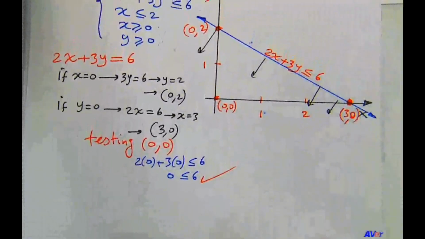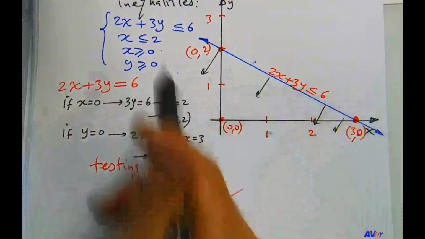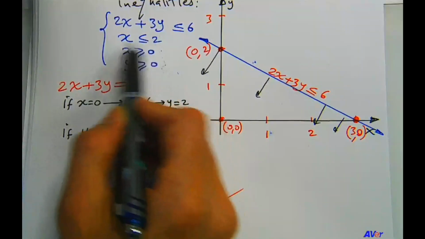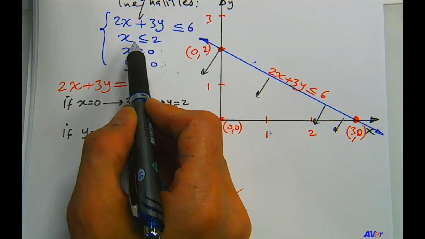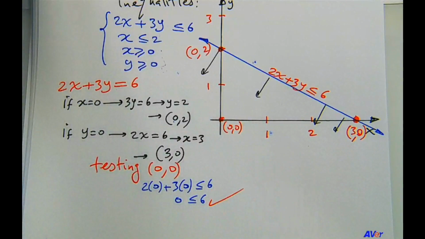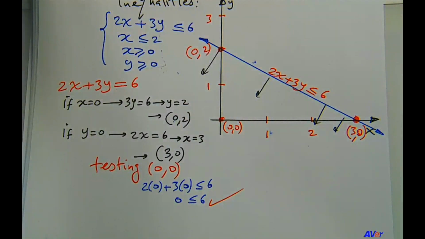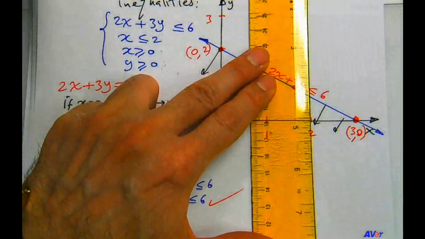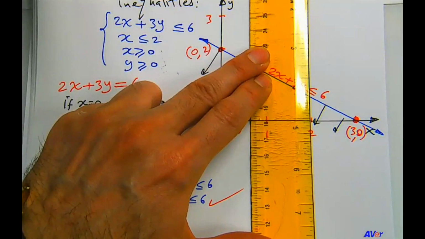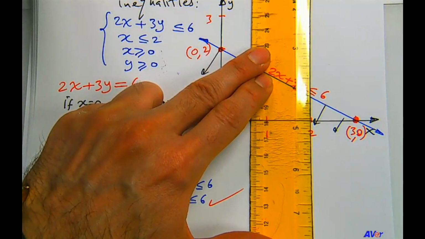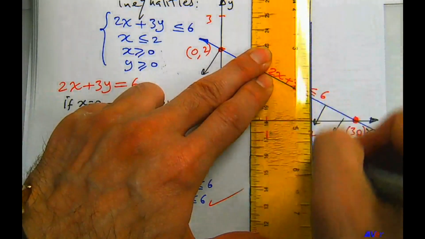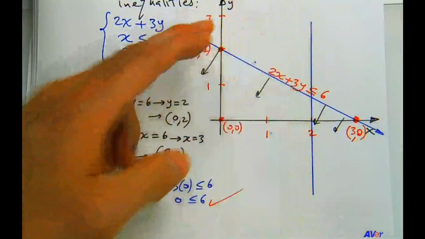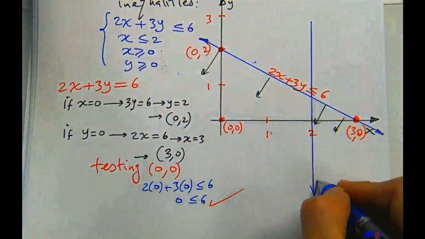Okay, so the next boundary line for us to find is that one. x less than or equal to 2. Well, first of all, x equals 2 would be the boundary line for that one, right? So let me draw that. x equals 2 is a vertical line that is going to go right through that x equals 2.